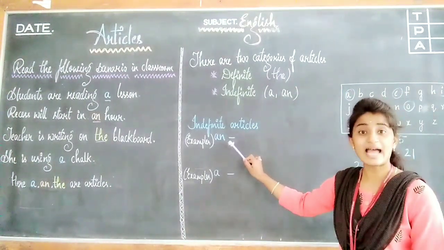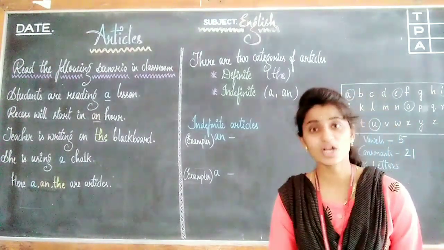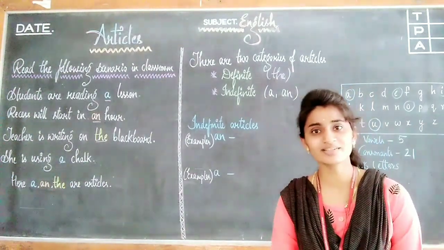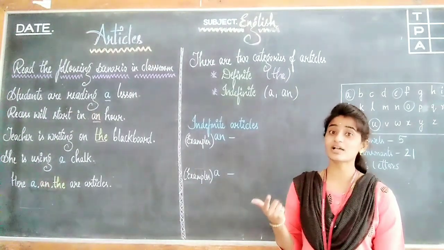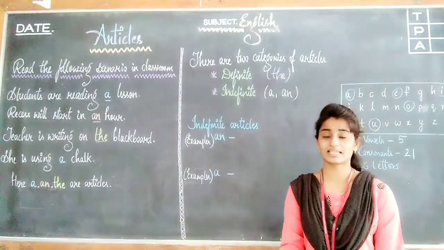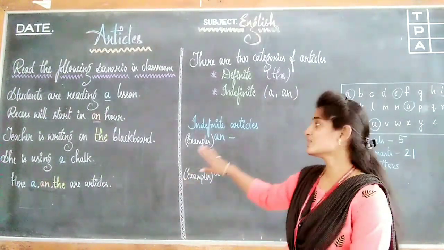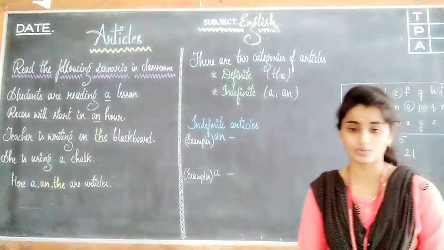Indefinite article an. We use the article an before a common noun. So now, what is a noun, children? A noun can be the name of a place, animal, person or thing. So we use the indefinite article an before a common noun.